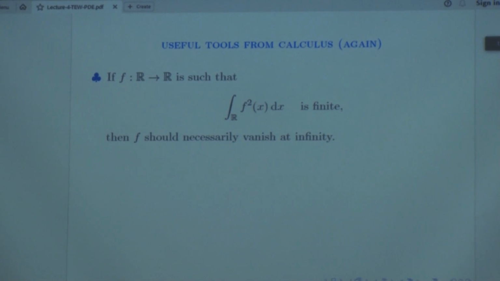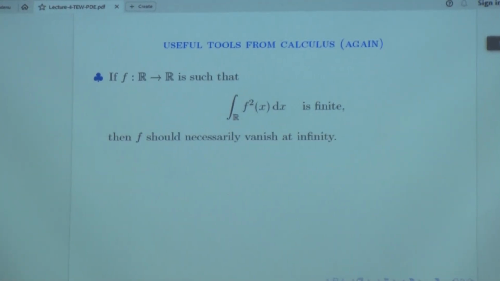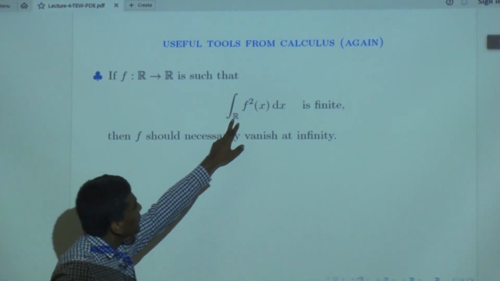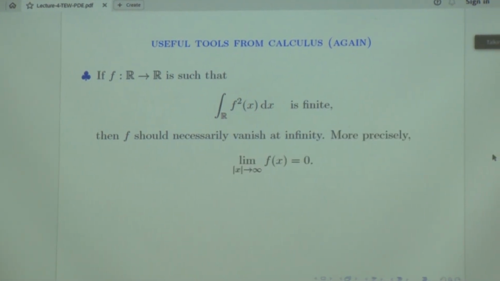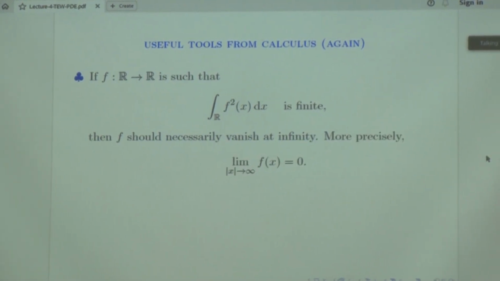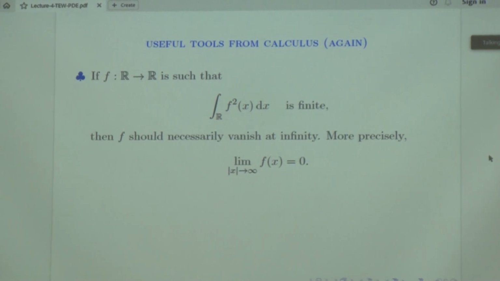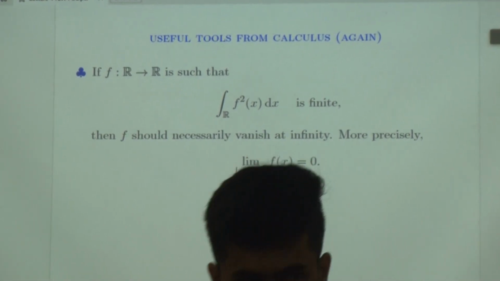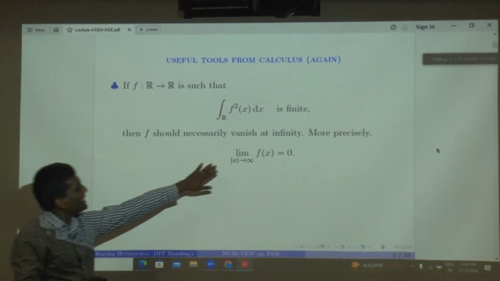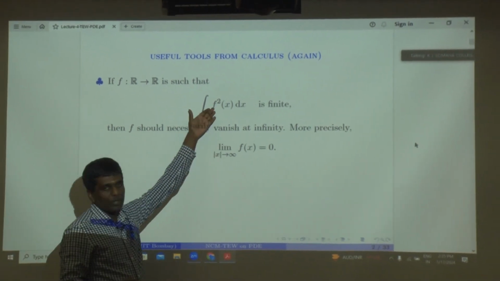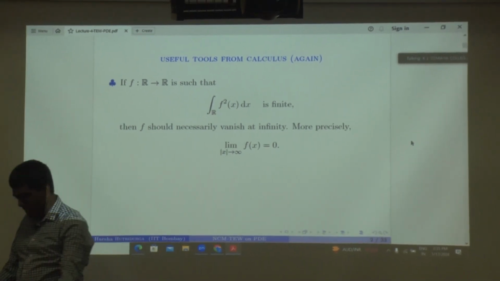It cannot have any mass at infinity. That's what it means. Otherwise, this integral will not be finite. So in other words, if you start looking at the values of f for larger values of x, it's going off to 0. Okay? Because if this does not happen, this is not possible. So let's just keep this in mind.